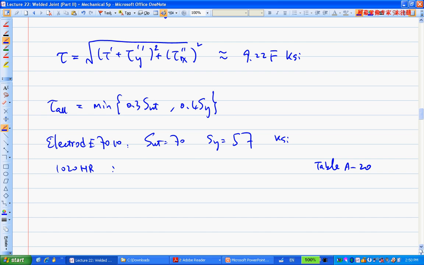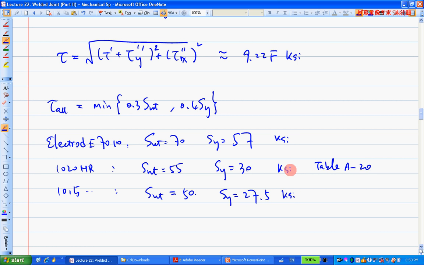For 1020, my SUT is 55 and SY 30. For 1015, SUT is 50, SY is 27.5 here. So that's the material property.